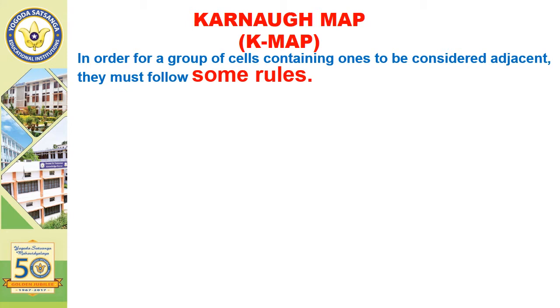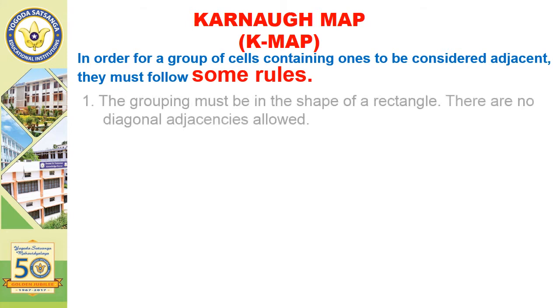To solve the K-map, we first create groups, and for creating a group of cells we must follow some rules. The first rule is that the grouping must be in the shape of a rectangle.